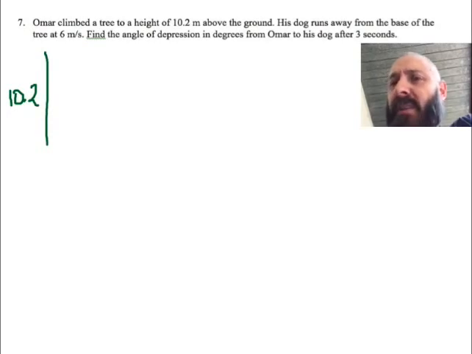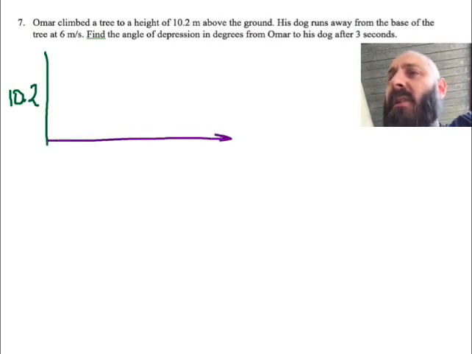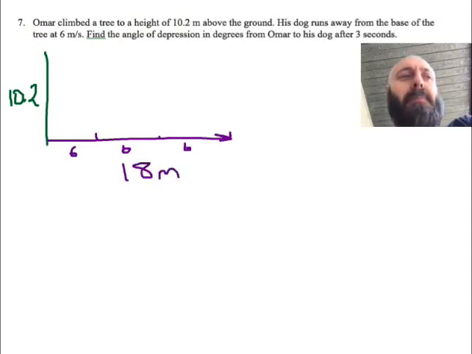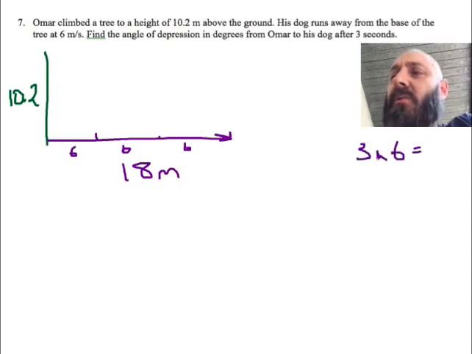Well, let's see, he's running along here and he's going for 1 second, 2 seconds, 3 seconds at 6 meters per second. So 6, 6, 6. So that is 18 meters from the base. Now, of course, you could have just done 3 times 6 equals 18. I wanted to include that for an explanation.